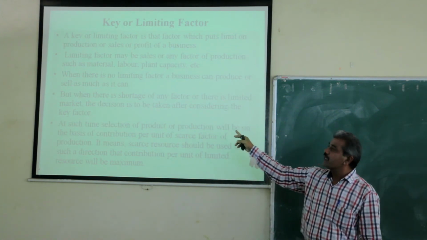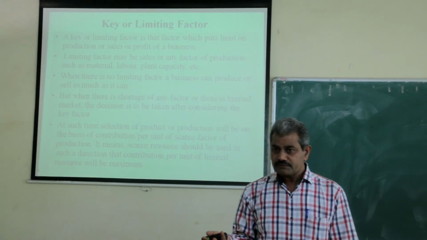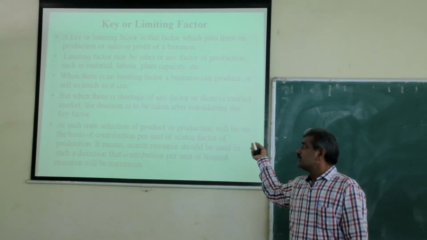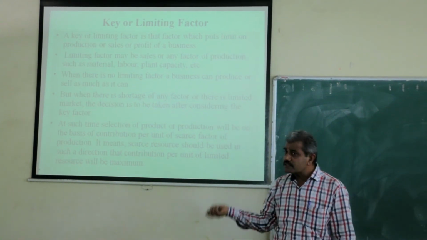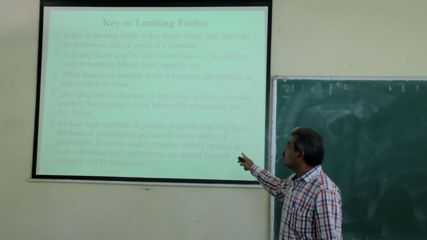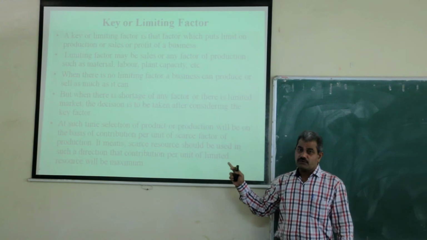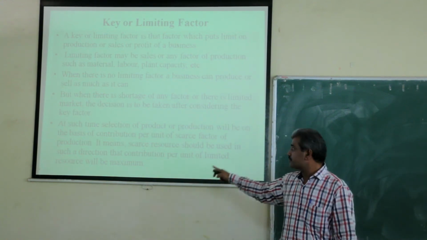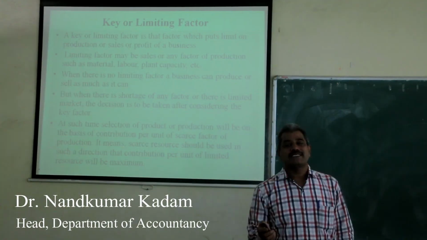In this way, any factor of production or maybe sales can be the limiting factor. In marginal costing or in CVP analysis, we have to first consider what the limiting factor is and find out the contribution for the limiting factor, and on the basis of that we will decide.